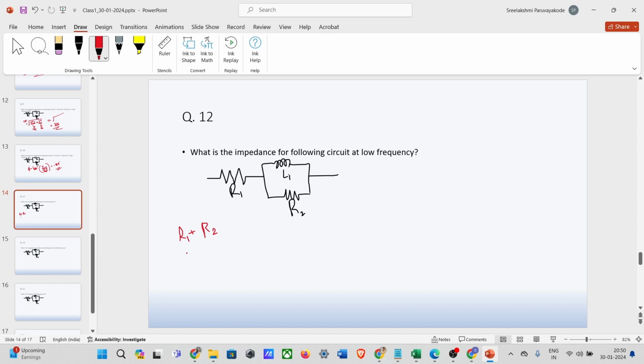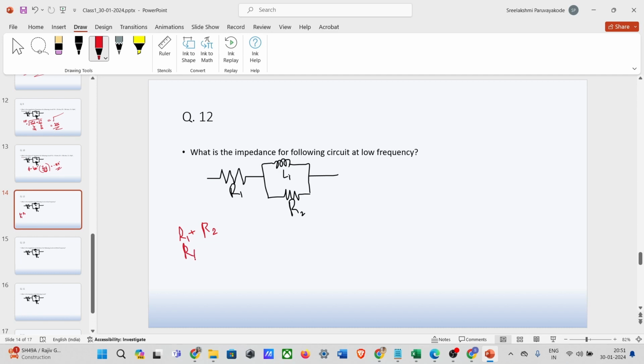I think the impedance will be very high. Why is impedance very high at low frequency for an inductor? No, ma'am, here it will be R1.